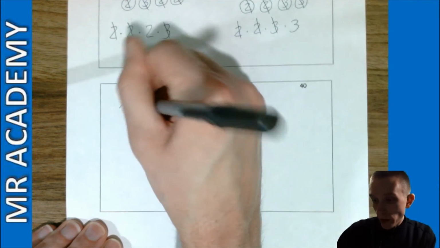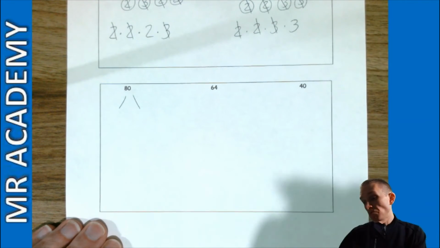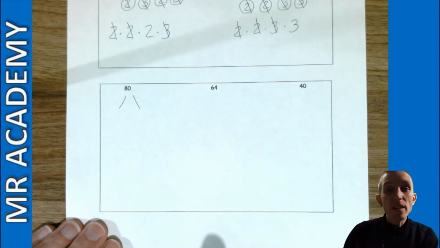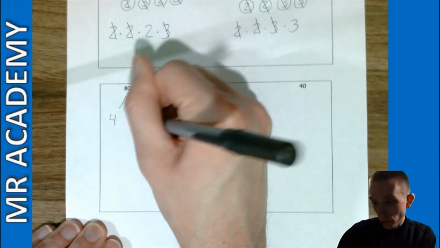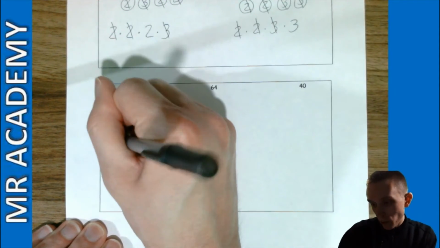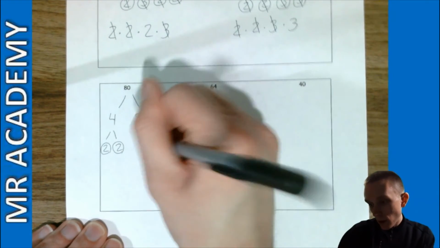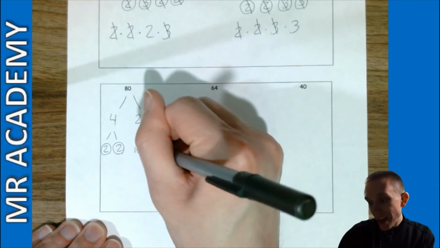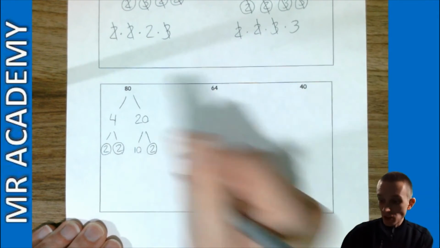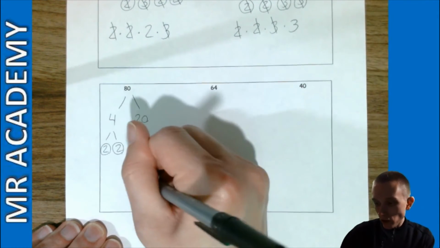I'm going to break this one down into, let's do 20 times 4, or 4 times 20. Break that down into 2 and 2. That one's good. I can break that down into 10 and 2. So that branch is done. I can break that down into 2 and 5.